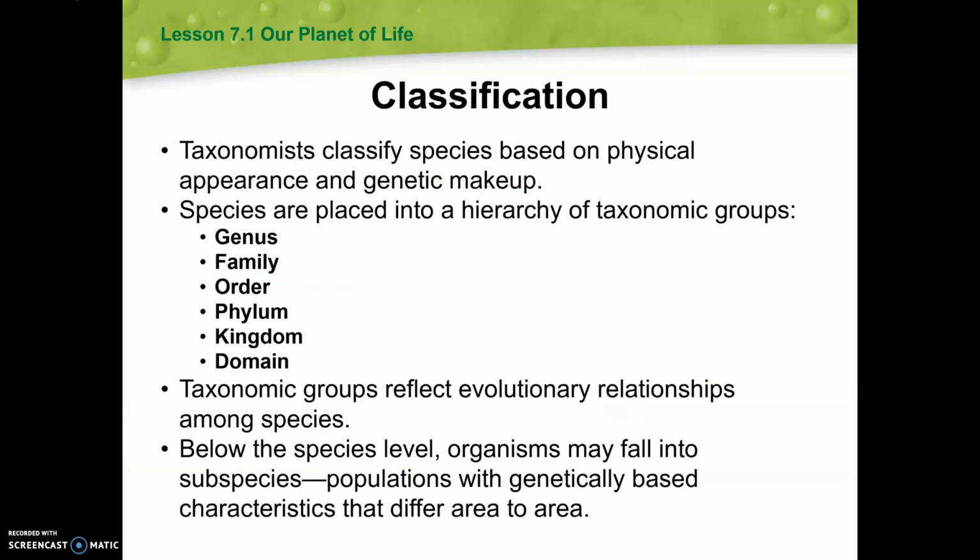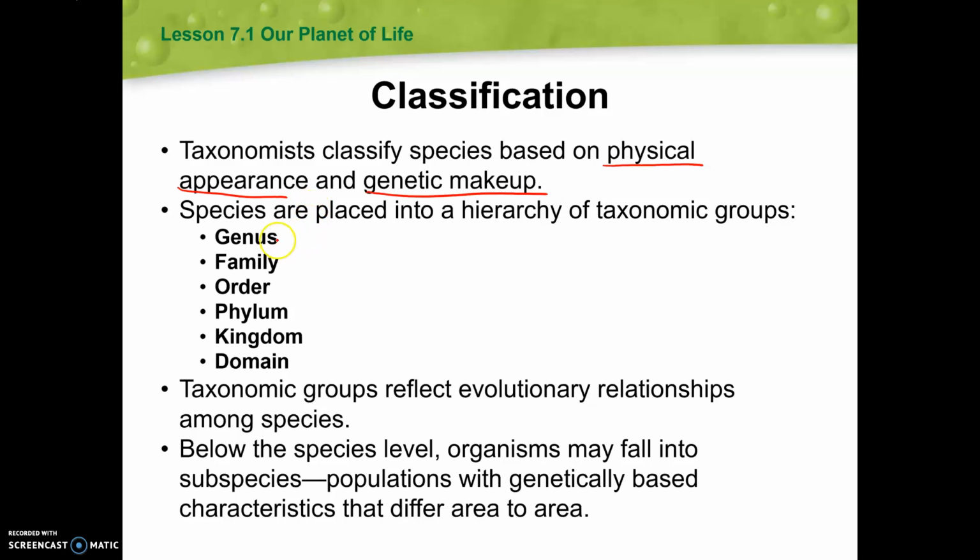So let's talk a little bit about classification. Classification is going to be talking about the differences between animals and how we're going to talk about those. Taxonomists are the people who are classifying animals, and they're going to be classifying animals based on physical appearance and genetic makeup. Because of this, we see our hierarchy of taxonomic groups.